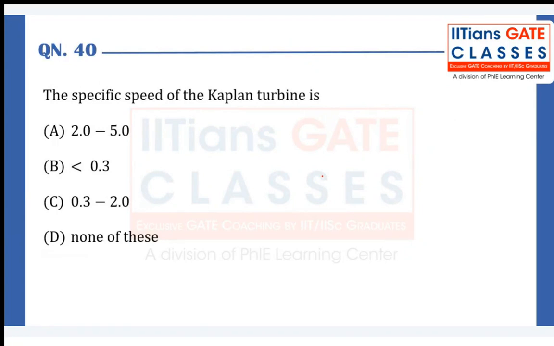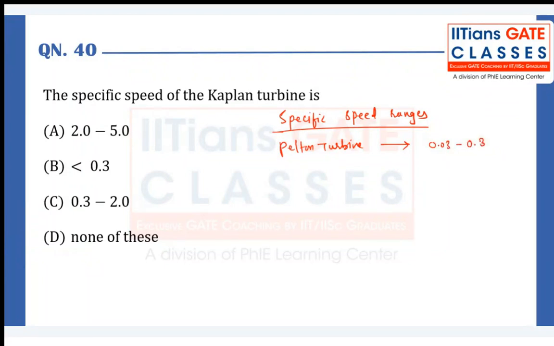Here in this question, you might have a little trouble, because the value you know may not be given in the particular discussion. Why? Specific speed range for a Pelton turbine is not in the range 0.03 to 0.3.